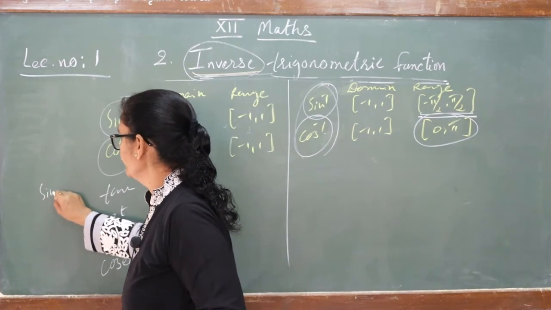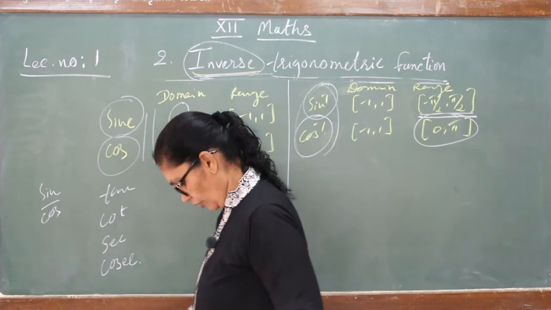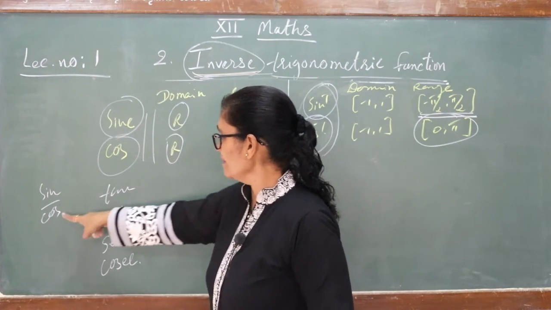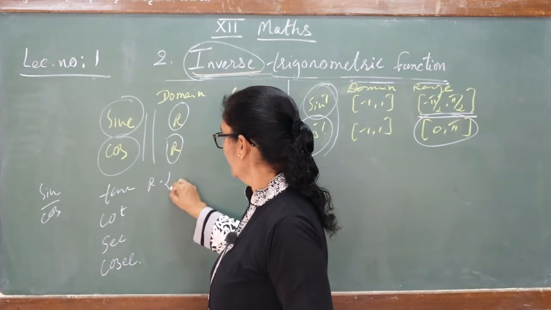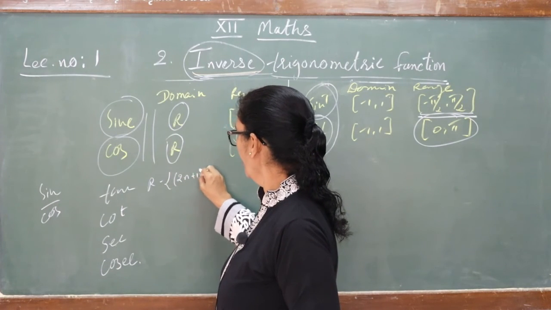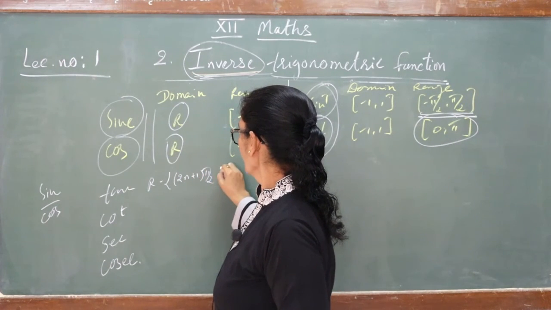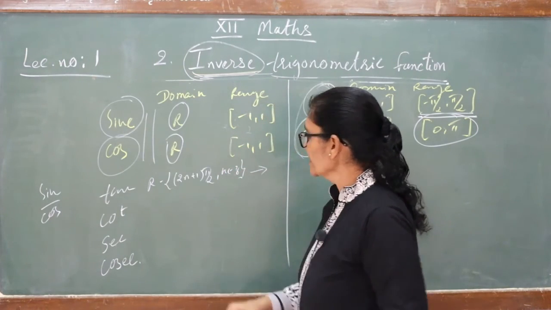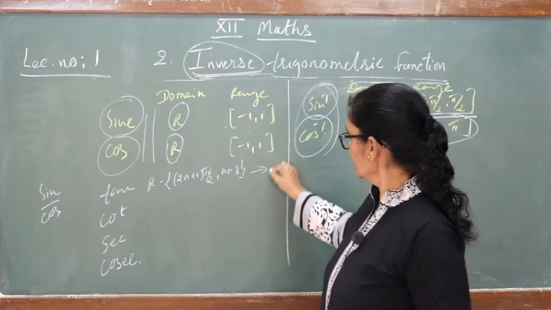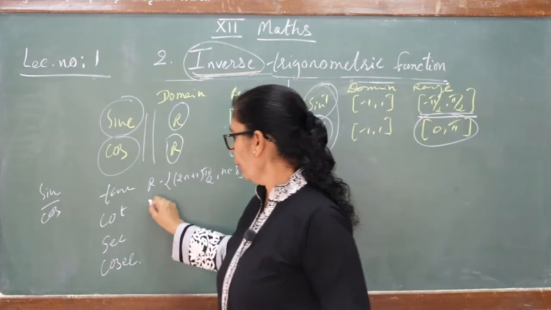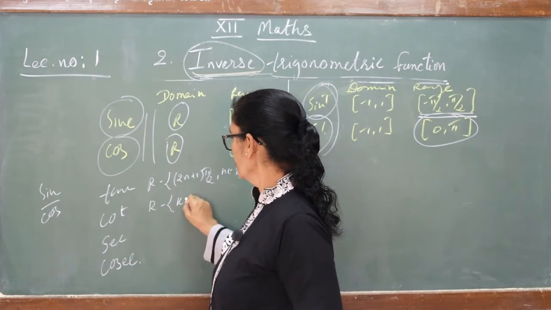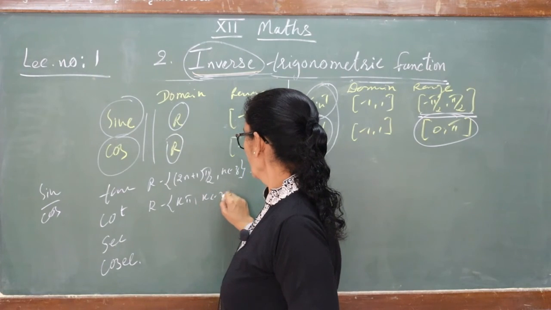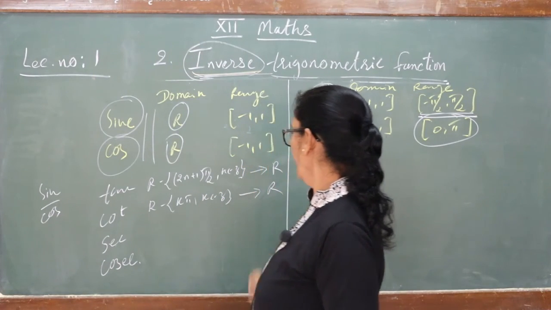Tan means sine upon cos, so when cos becomes 0, that term we are subtracting, that is for odd multiples of pi by 2, where k belongs to Z. And the answer you are getting is always in R. Same way for cot also: when sine becomes 0, so for k pi, k belongs to Z, and the range is also R.